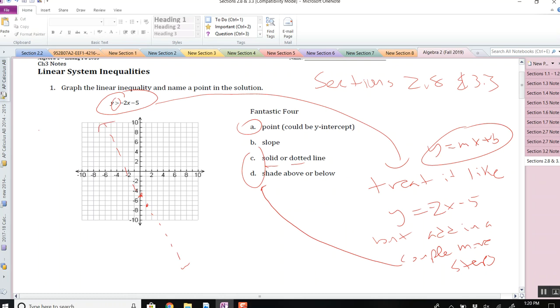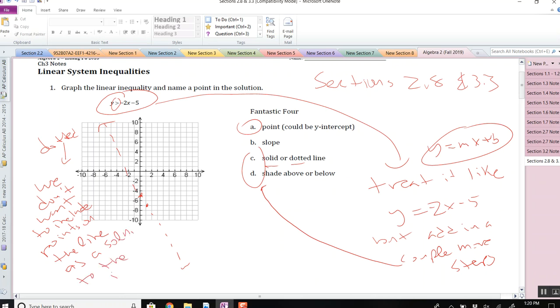The reason why it's dotted, we don't want to include points on the line as a solution to the inequality.